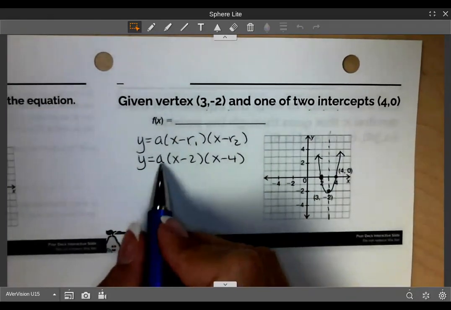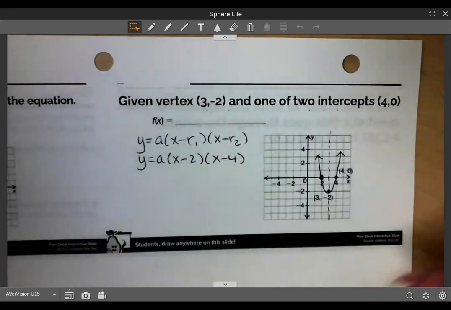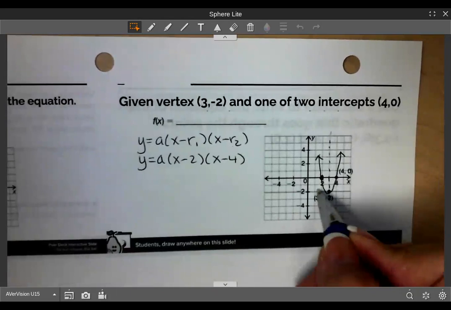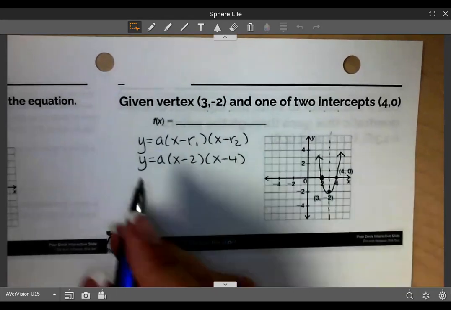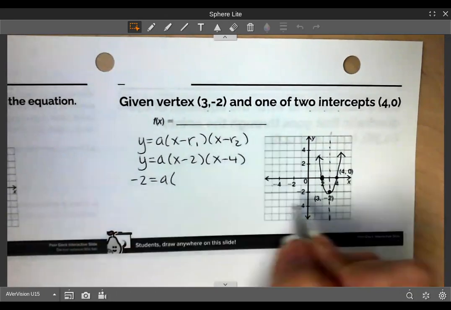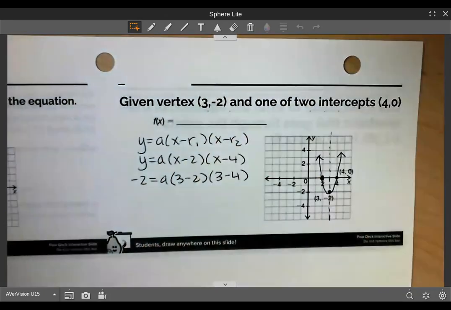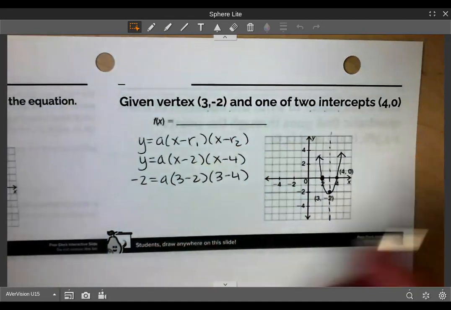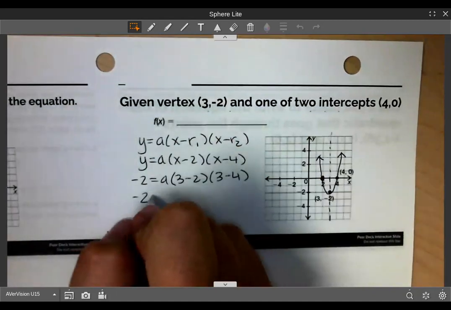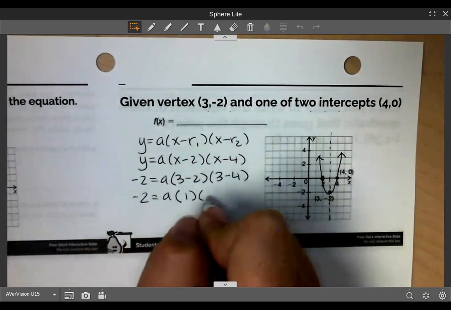Now again, we have to figure out what the a value is to get this exact parabola right here. And so we've used these 2 points right here, so I'm going to use the vertex to plug that in to figure out what a is. So I plug in -2 for the y and 3 for my x. Now it's time to simplify so that we can solve for that a. 3 minus 2 is 1, and 3 minus 4 is -1.